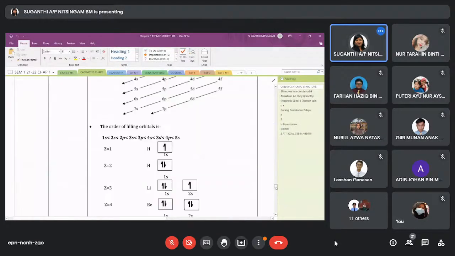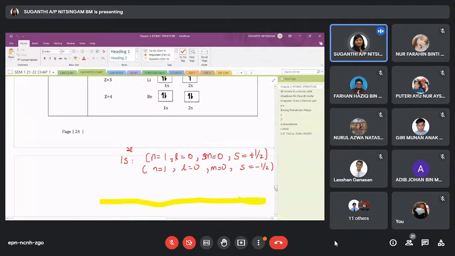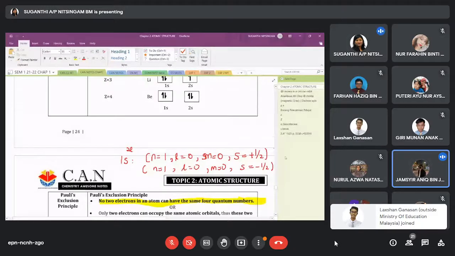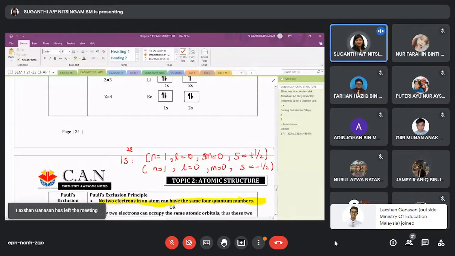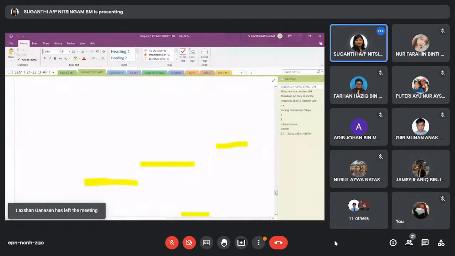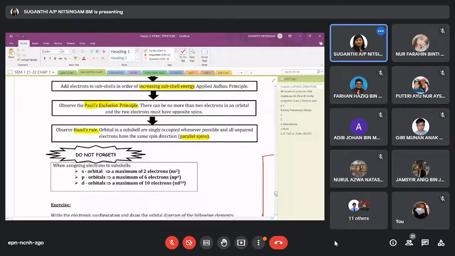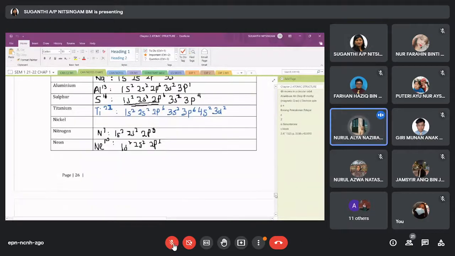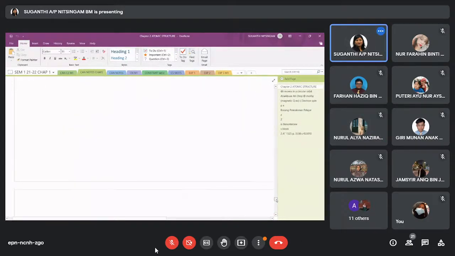Kita dah buat ni ya? Kita dah buat ke? Belum kan? Okay. Madam suruh buat. Tapi the SPDF dah ajar ke? Ni saya dah ajar ke? Belum kan? Dah.